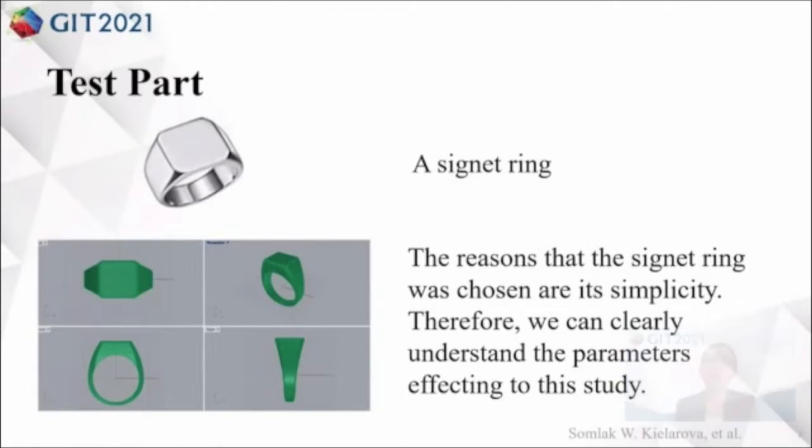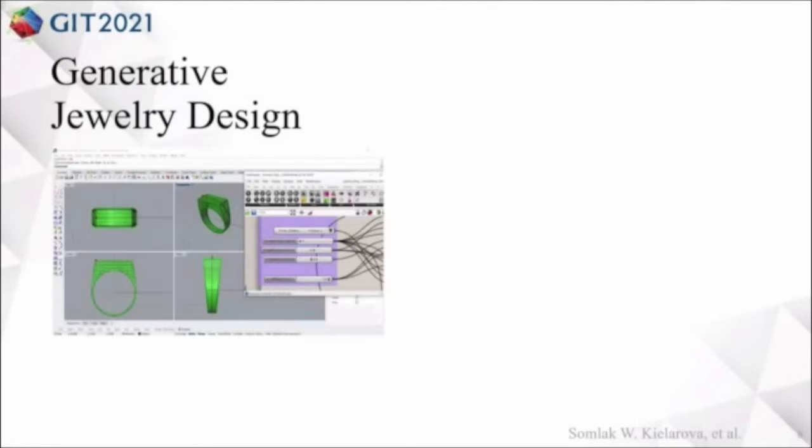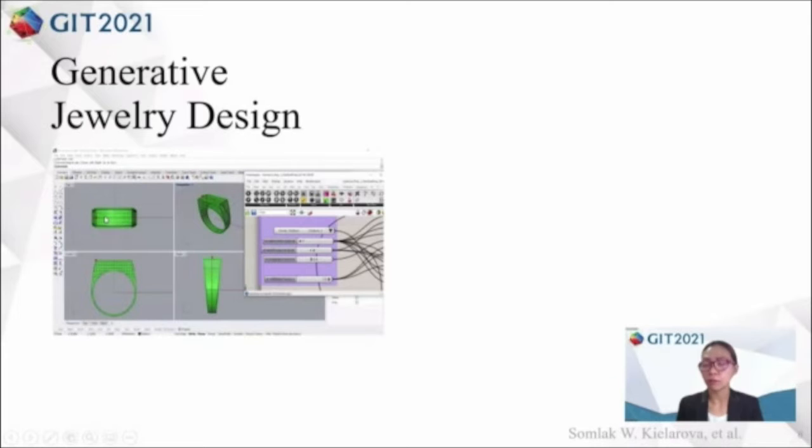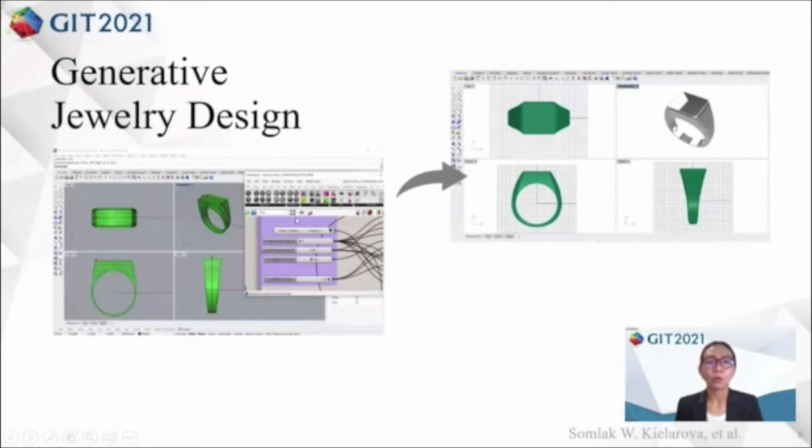It starts with choosing the test part. We chose a signet ring because it is quite simple. With a simple part, we can clearly understand the parameters that may affect this study. We start by developing generative jewelry designs in Rhinoceros Grasshopper. We created a small program on that platform.